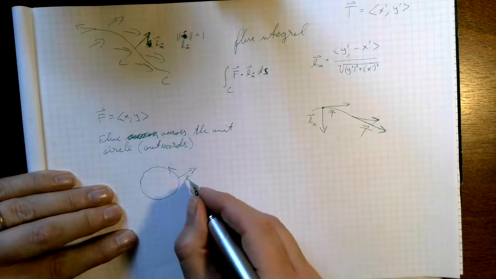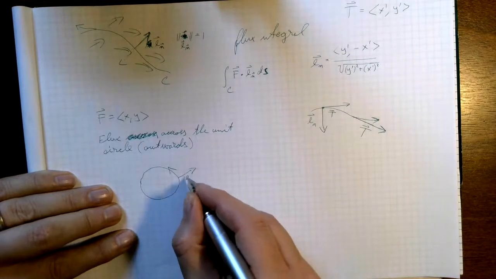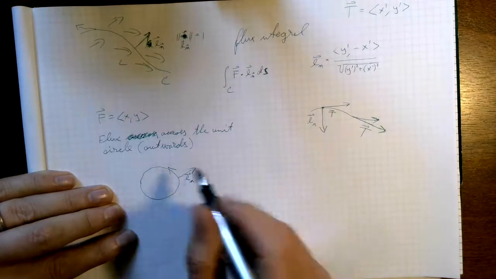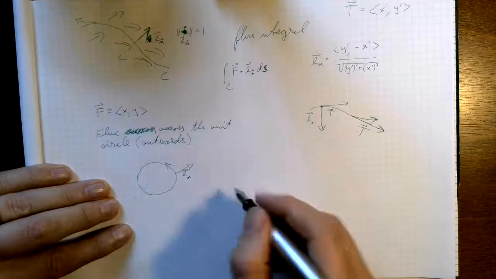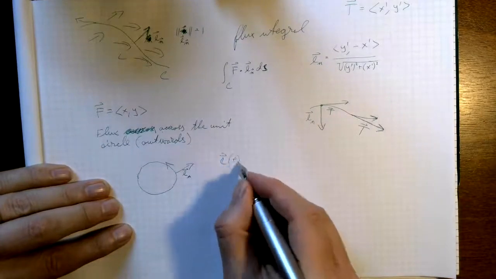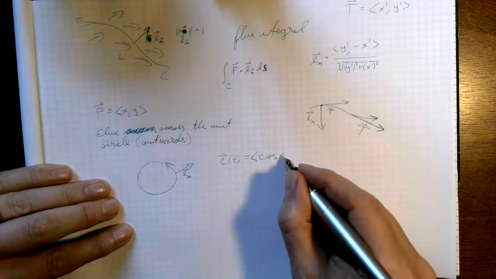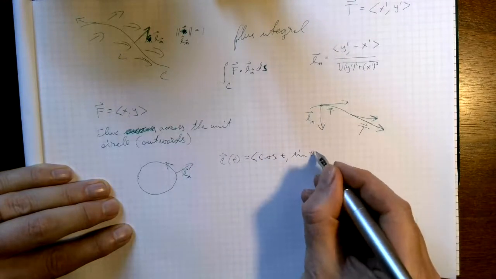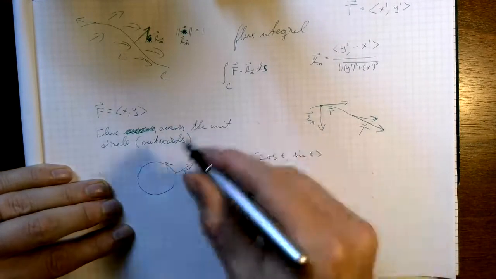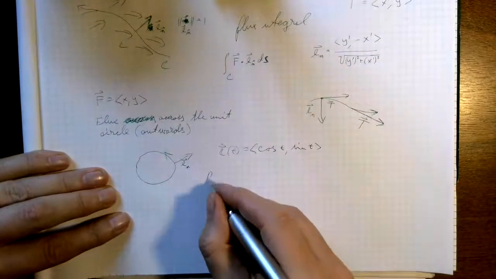So if this is my e sub n, then C is cosine t, sine t, going counterclockwise.